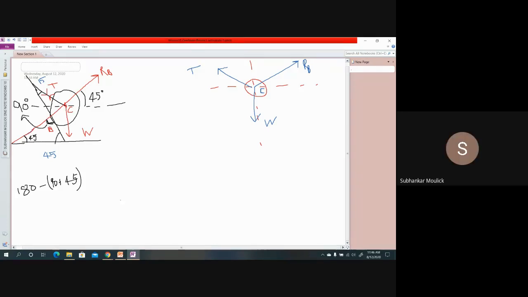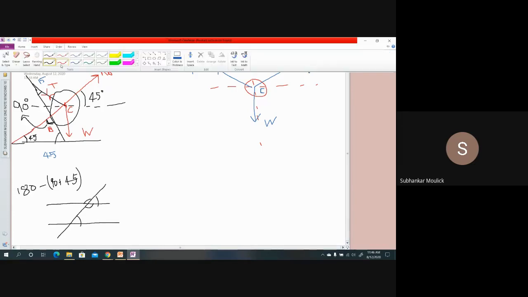You know this property, that if you have two parallel lines and these two parallel lines are cut by a transversal, then this angle is equal to this angle is equal to this angle. All these things you know. So that means this angle will be 45 degree.